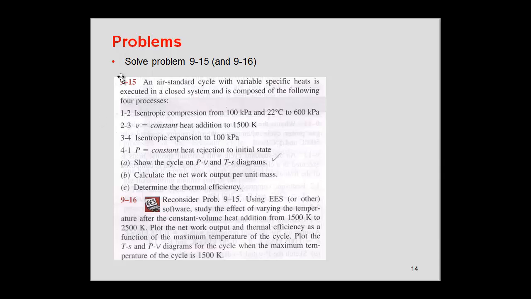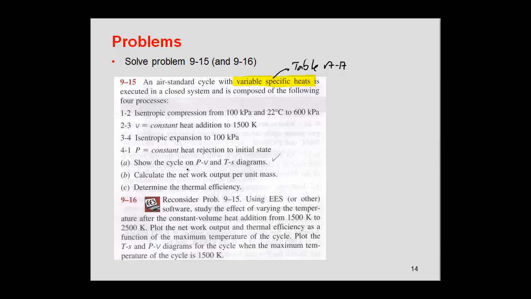Okay, so we are going to solve now problem 9-15. Change from the past one is that we have 4 processes instead of 3, but most important is that we have variable specific heats, so we're going to use table A-17. Okay, so we have an isentropic compression, then a constant volume heat addition, isentropic expansion, and constant pressure heat rejection.